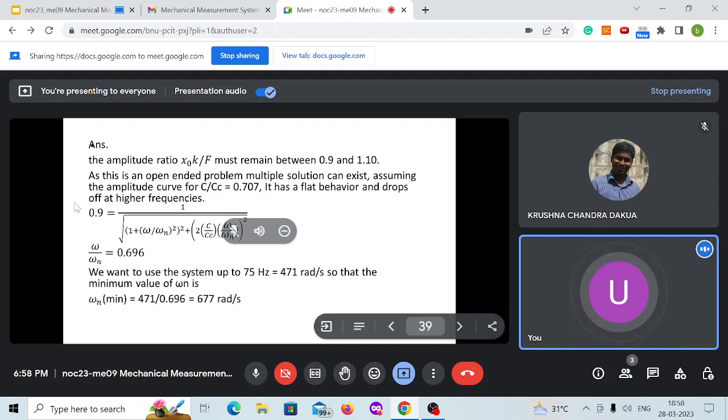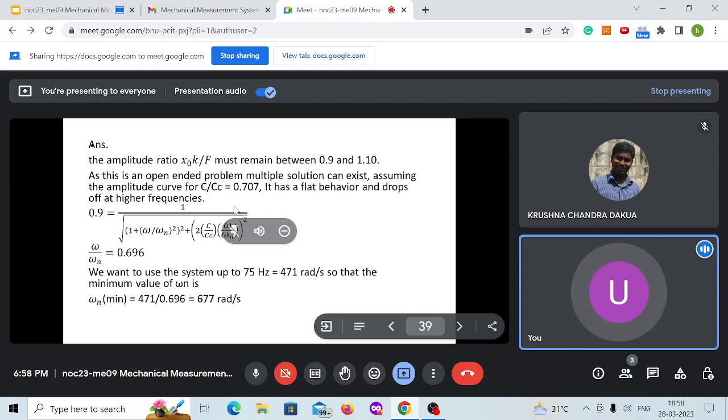Here we know the amplitude ratio is 1 by root over 1 plus zeta square omega by omega n, sorry, c by cc is zeta, omega by omega n square plus 2 zeta omega by omega n the whole square. That is the amplitude ratio for the second order system.